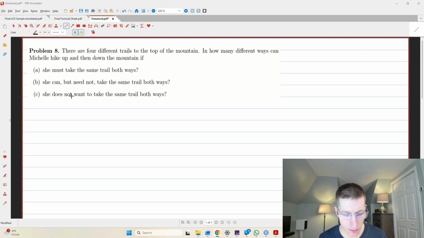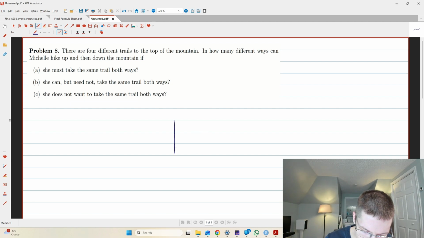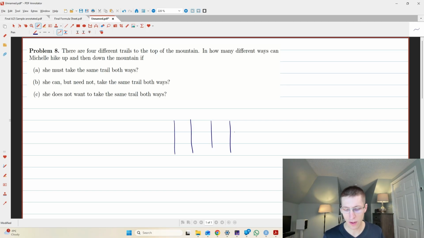So question 8 is another counting question. So here we have, there are 4 different trails to the top of a mountain. And how many different ways can Michelle hike up and then down the mountain if, for part A, she must take the same trail both ways. So if you think, okay, there's 4 trails and she has to take the same trail both ways. So for the way up, she has 4 choices.